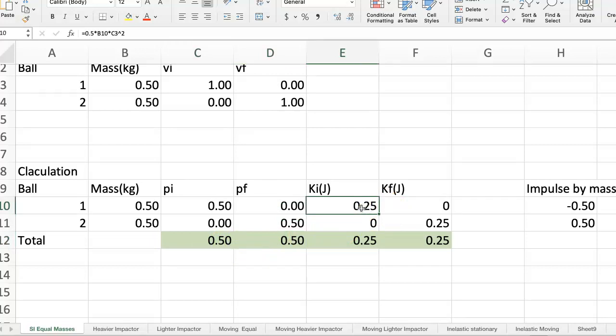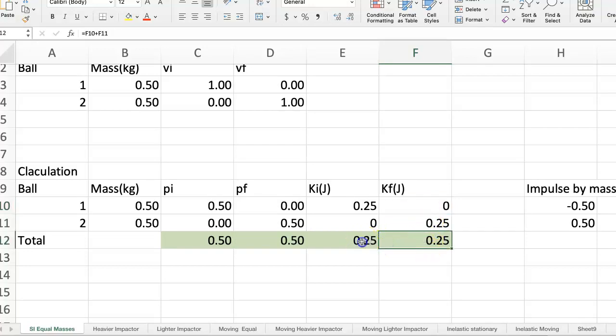For this one here, I have calculated the total kinetic energy. I start with mass 1 before collision, 1/2 mv squared. This is the kinetic energy for ball 1 before, and this is the kinetic energy for ball 2 before. You add them, and this is the total kinetic energy of the system. For the final, I have calculated 1/2 mv squared for mass 1 after, and 1/2 mv squared for mass 2.